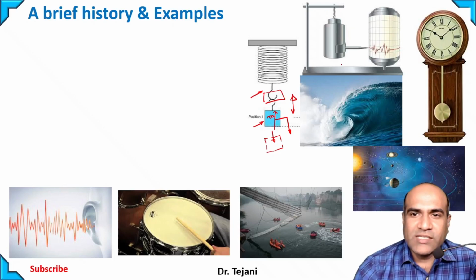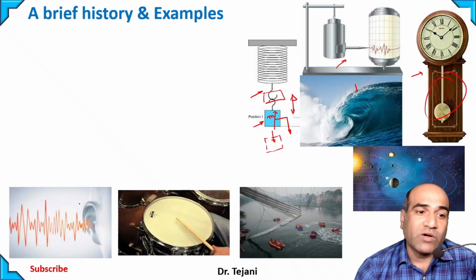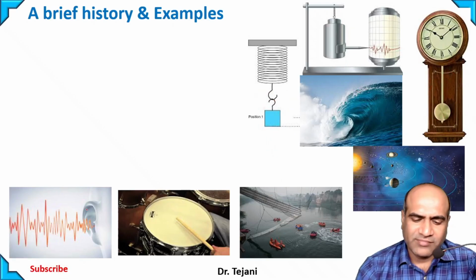You can see it on the seismograph waves, a pendulum of a clock, or maybe what we hear, that sound is also like that. A drum, or maybe a bridge collapse, is also because of natural frequency, or maybe the movement of this universe. Let's see all these things.